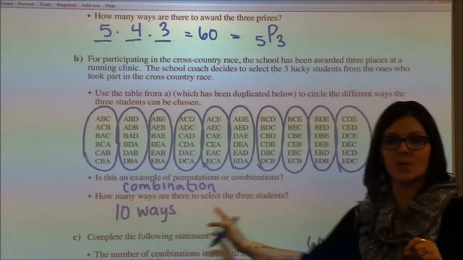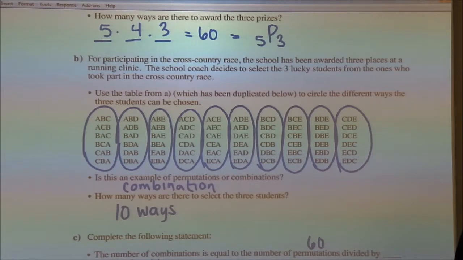What can I divide 60 by to get to 10? 6. 6 is what factorial? 3.